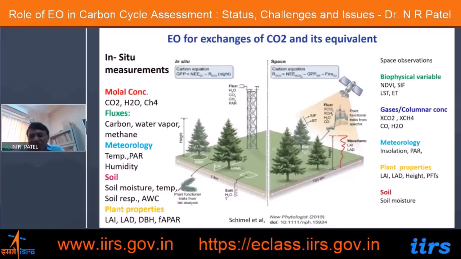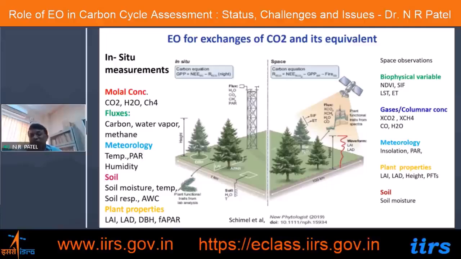Many observations on a weekly or fortnightly basis are available to quantify vegetation status, like the biophysical variable NDVI. The NDVI dataset is available from different satellites, IIRS, MODIS, advanced sweeps, or other satellites also, with historical archive. So we can quantify this for vegetation strength or vegetation vigor.